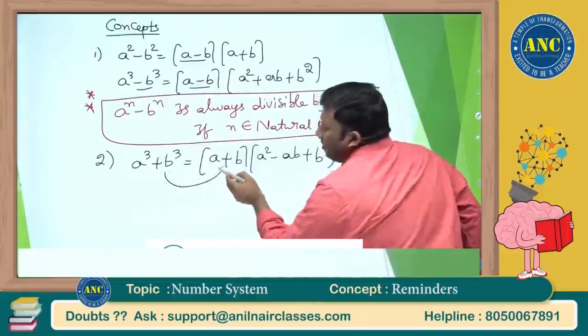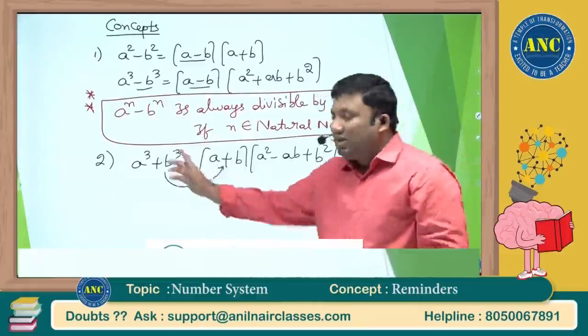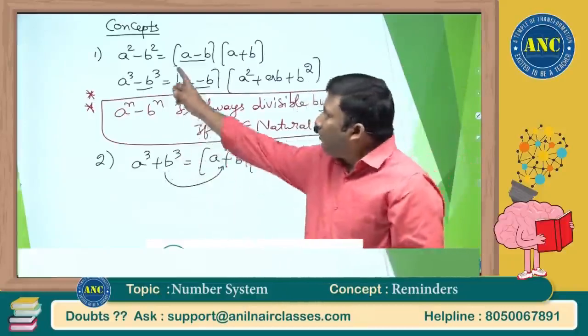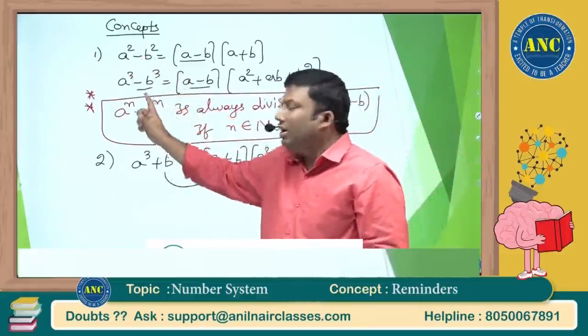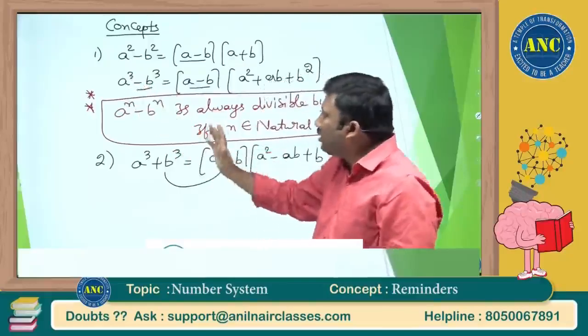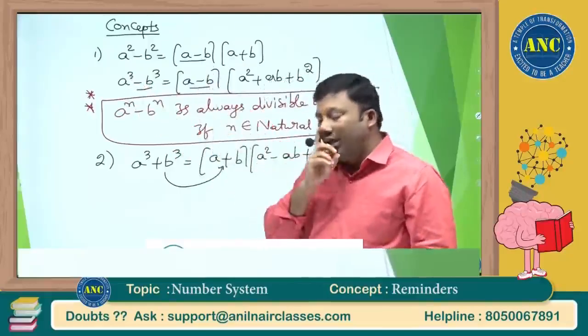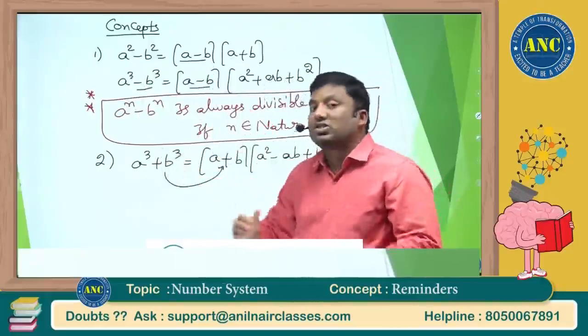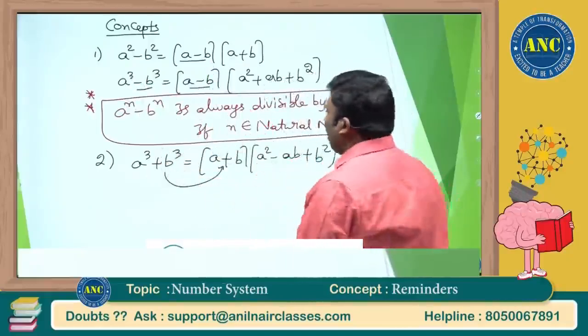This is divisible by which number? A plus B. What is the power here? 3. If the power is 2 and there is a minus sign, or the power is 3 with a minus sign, it is always divisible by A minus B. If the power is 3, 3 is nothing but an odd number.